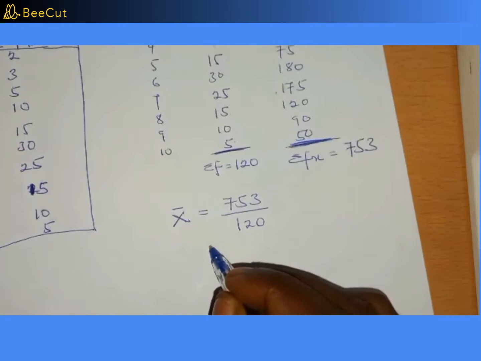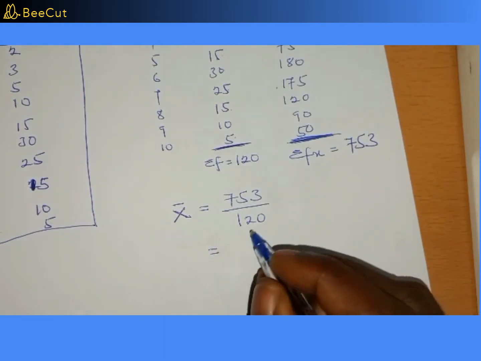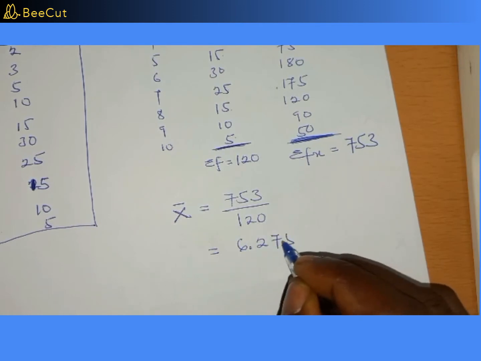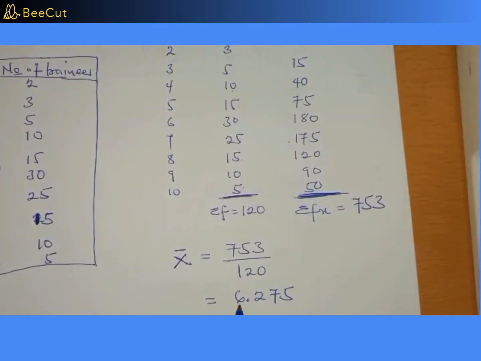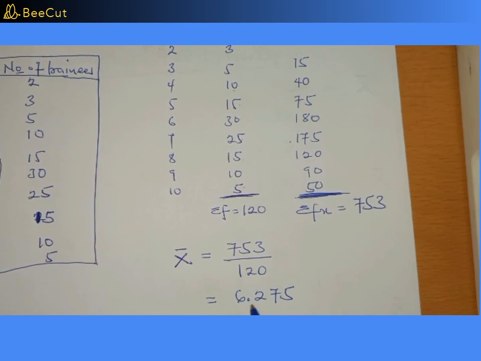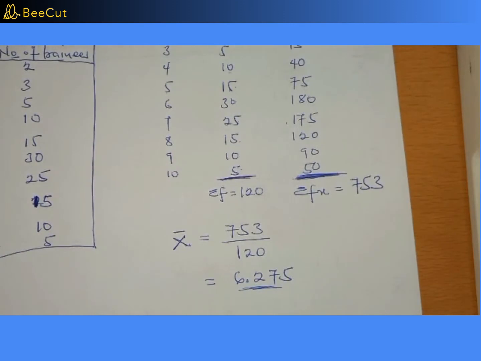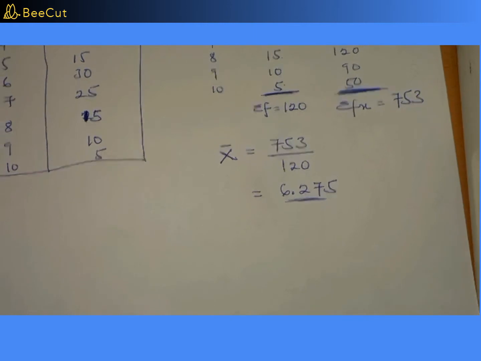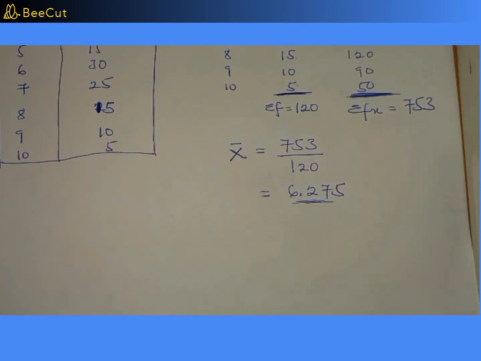And then if you punch this correctly, you are going to get 6.275. Alright, so this is what we have for the mean from the frequency distribution table, and so this becomes our answer for the mean. We'll take one more example, and then we move to the other type of mean.